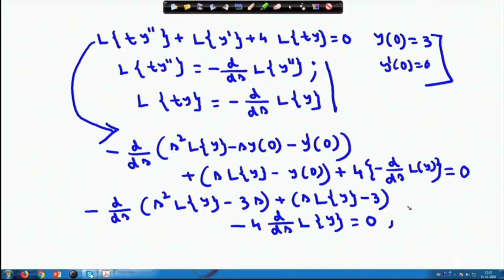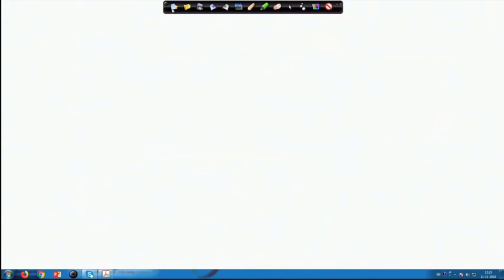Up to this I hope it is fine. In the next step, I assume that z equals the Laplace transform of y.